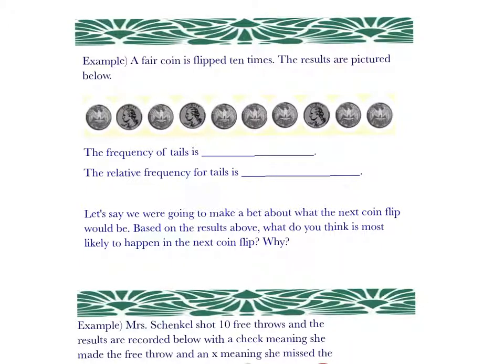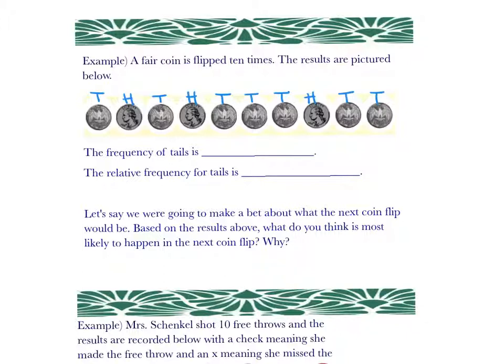So let's look at an example. A fair coin is flipped 10 times and the results are pictured below. So you can see my first flip, it landed on tails. Second flip was heads. Third flip was tails. Fourth flip was heads. The next one is tails, tails again, heads, tails, tails.